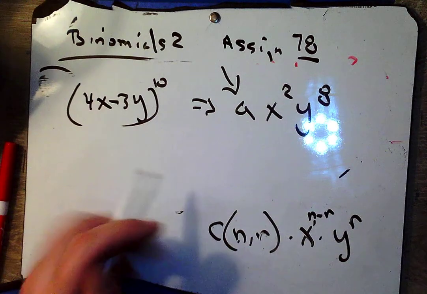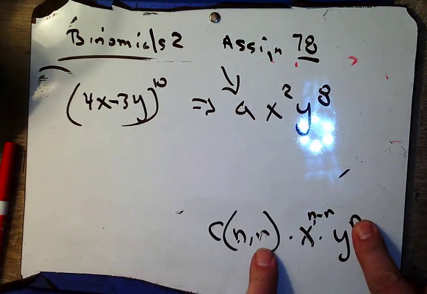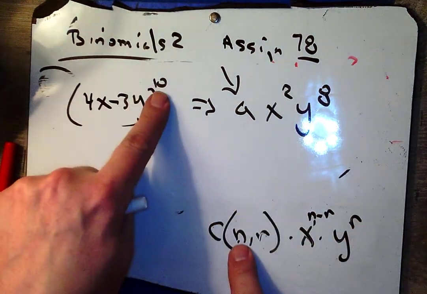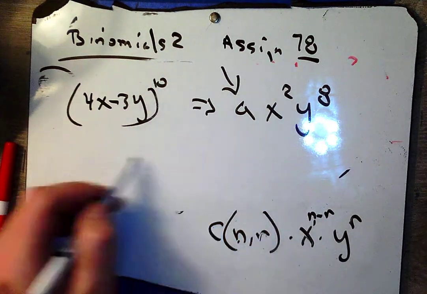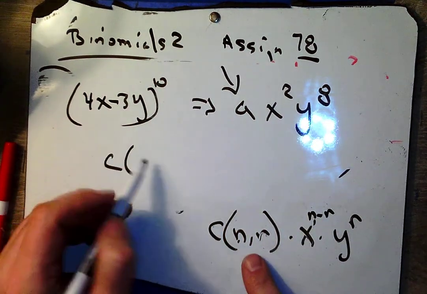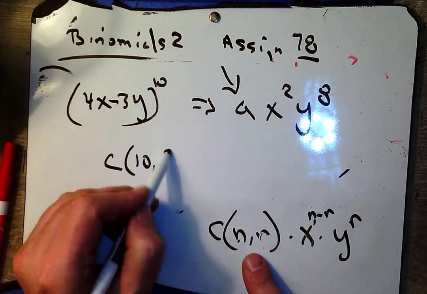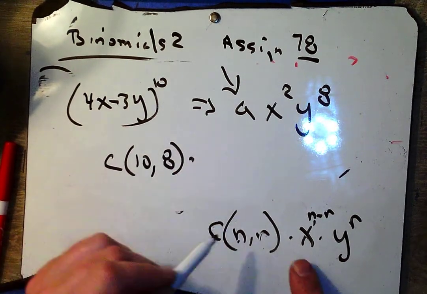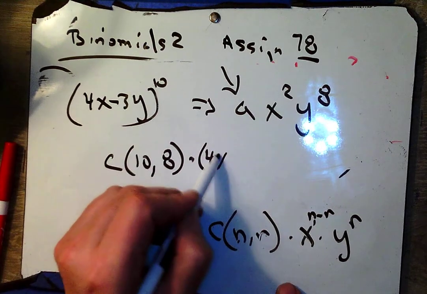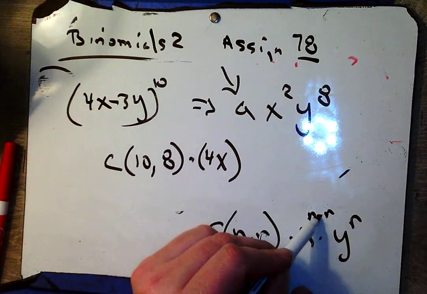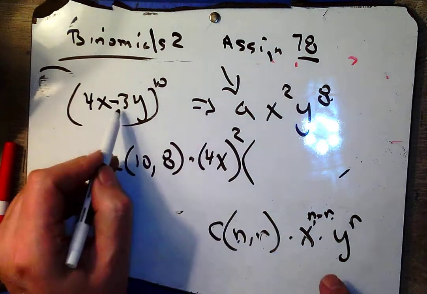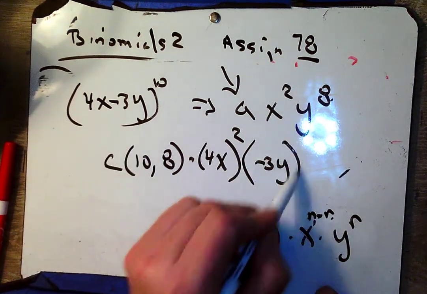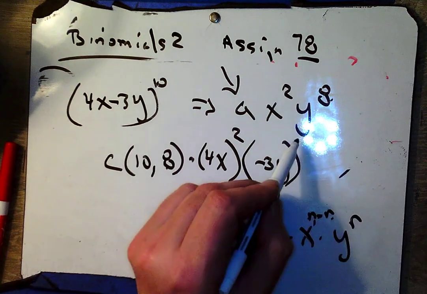Well, if this is 8, this is 10. This is 10 minus 8. So I'm going to have a combination of 10 choose 8, times 4x to the n minus r, 10 minus 8, times minus 3y to the 8th power.